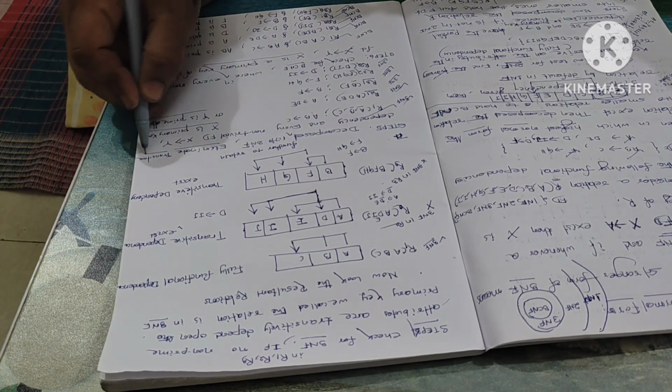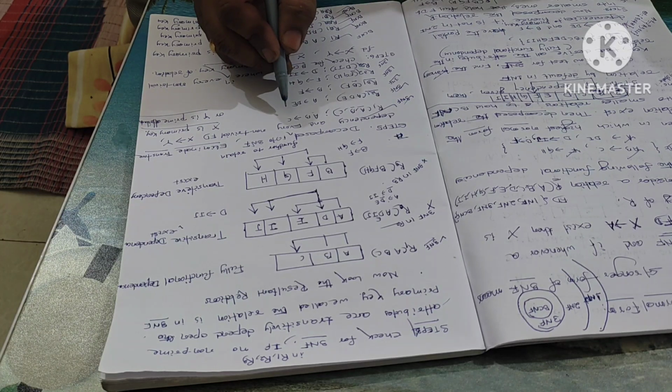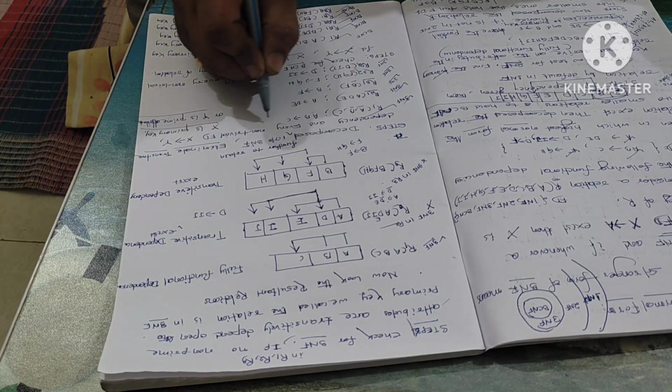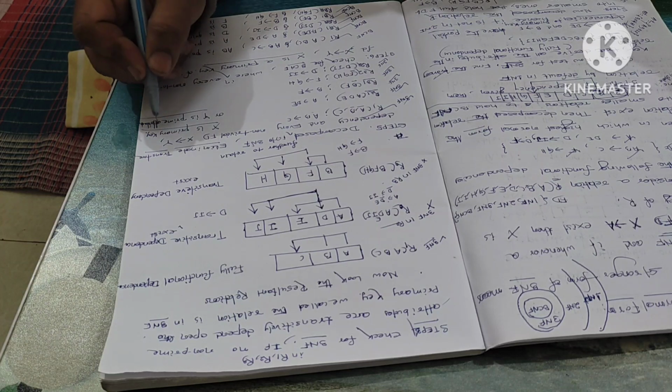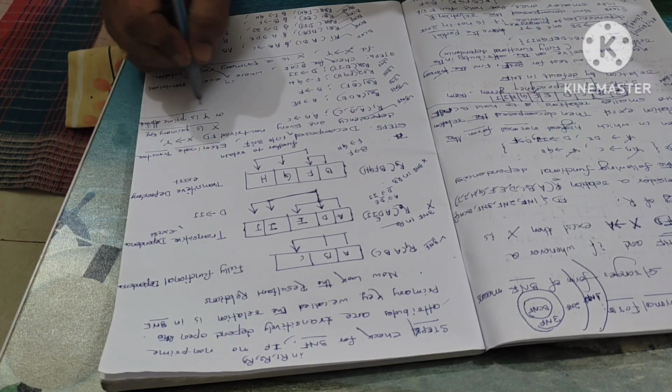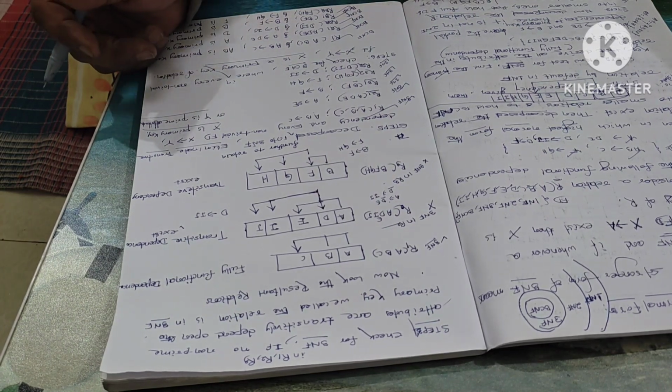We have to eliminate the transitive dependency, and as per our definition, for every non-trivial FD, X is a primary key or Y is a prime attribute.